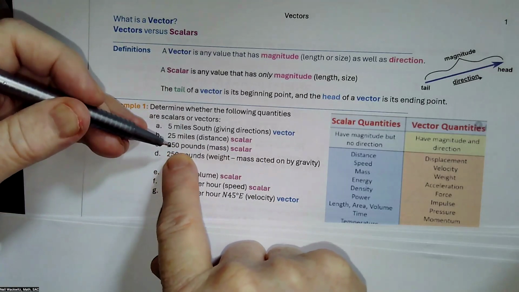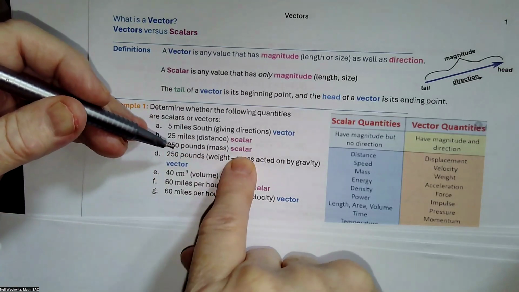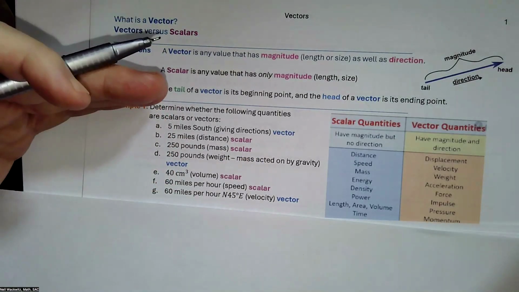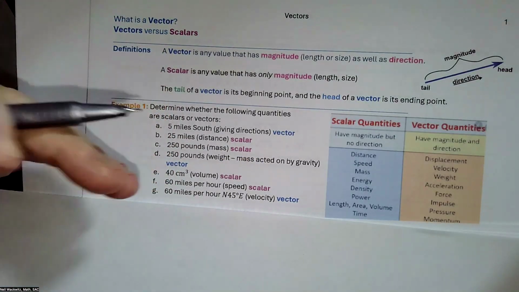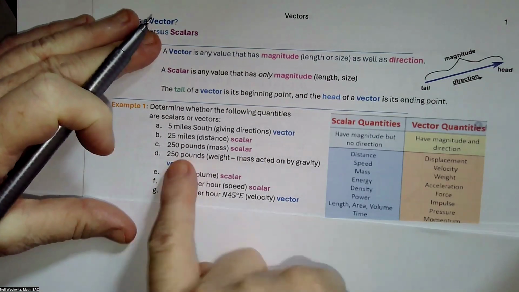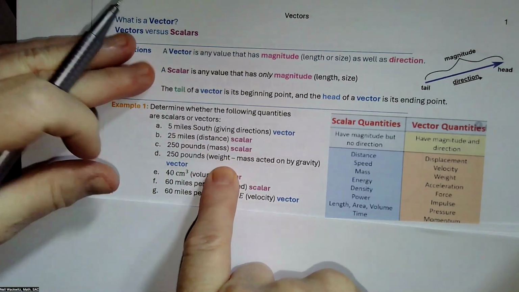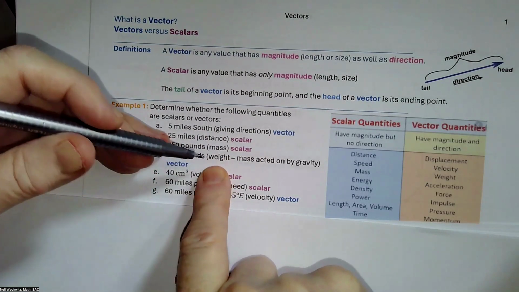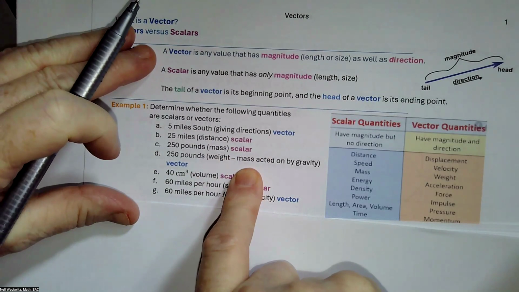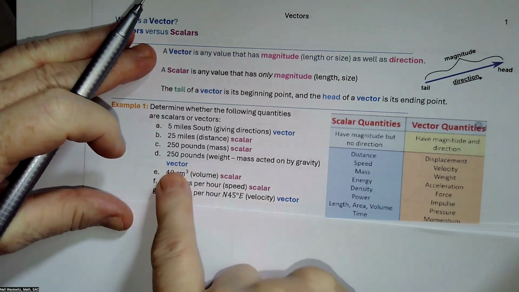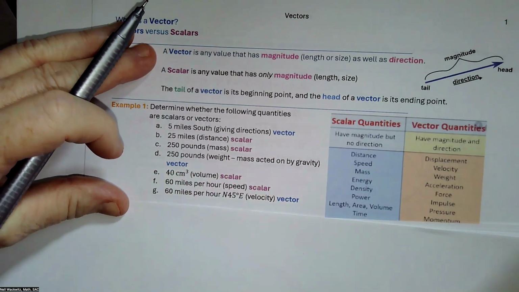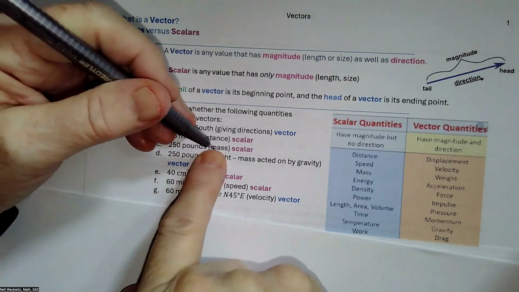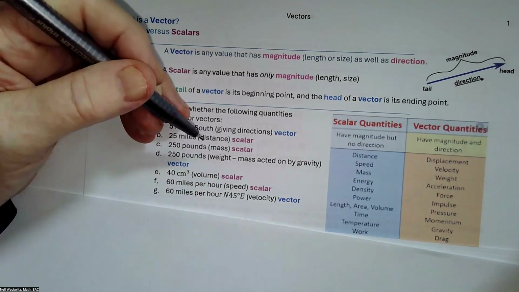Here, 250 pounds is a scalar because it doesn't say whether it's up, down, sideways. However, 250 pounds weight is mass acted on by gravity, and that is a vector. The English units are a little bit confusing with the pounds mass and pounds weight.